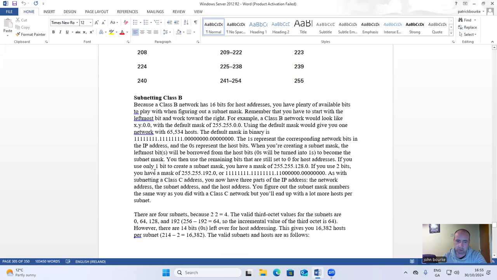If you use only one bit to create a subnet mask, you will have a mask of 255.255.128.0.